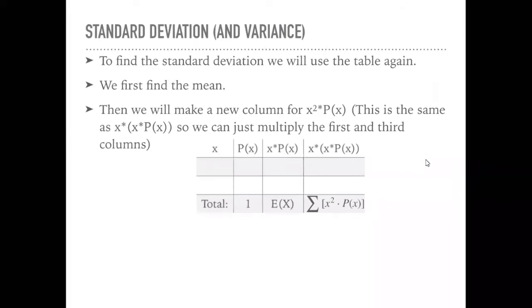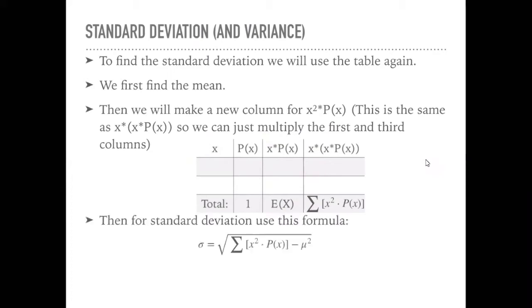So you're taking, we've already made this third column here when we found our expected value. So what we're doing is we're taking the first column times this column that we made, and that gives us everything in there. Now, to find standard deviation, we will use this formula.